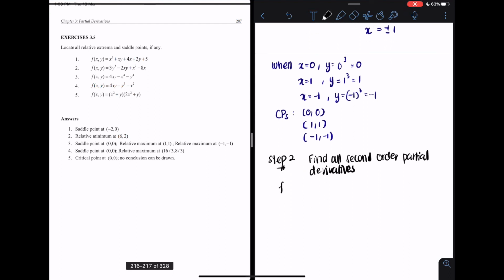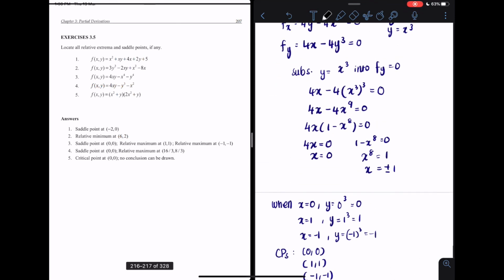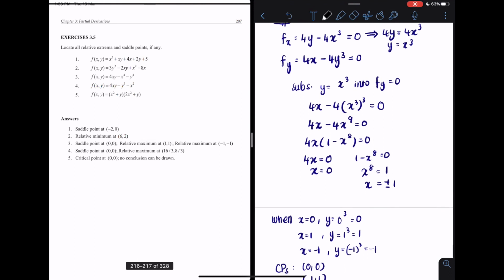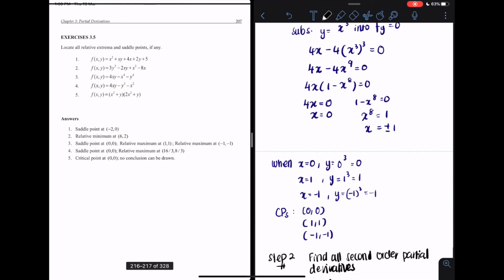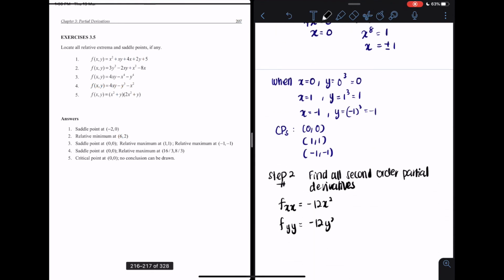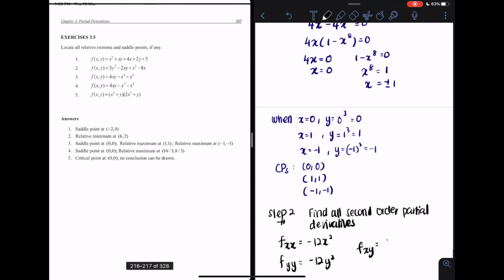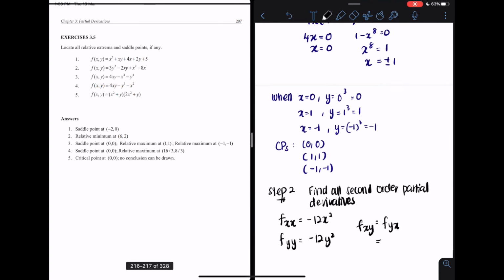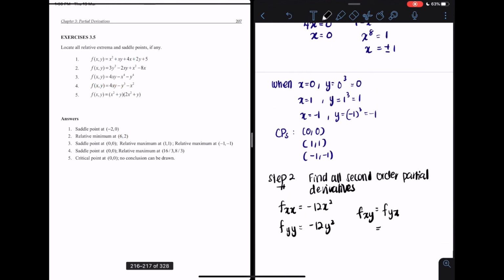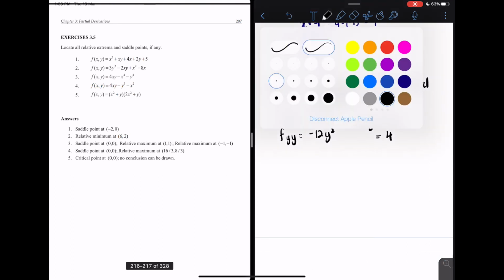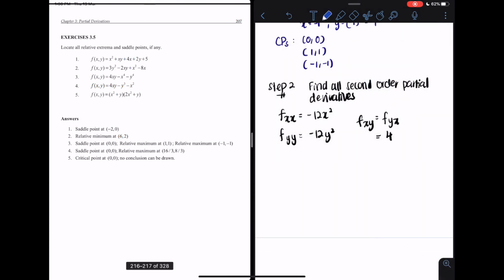In this case, fxx equal to negative 12x squared. fyy equal to negative 12y squared. fxy equal to fyx equal to 4. Then we go to step number 3.